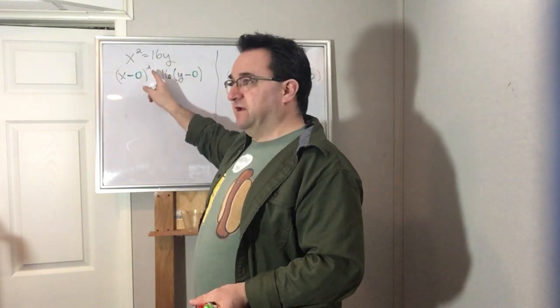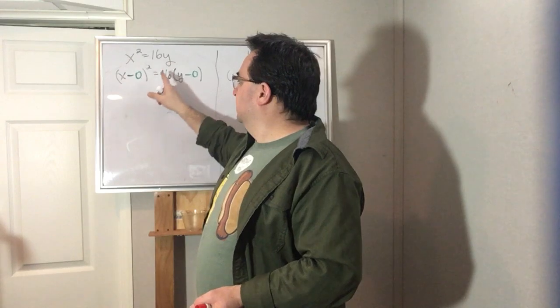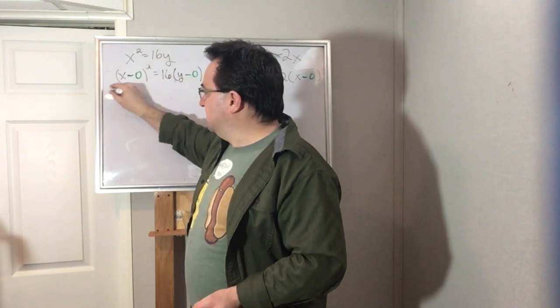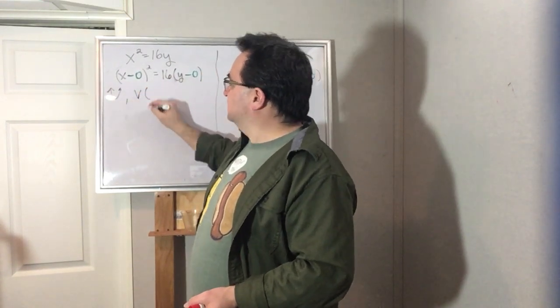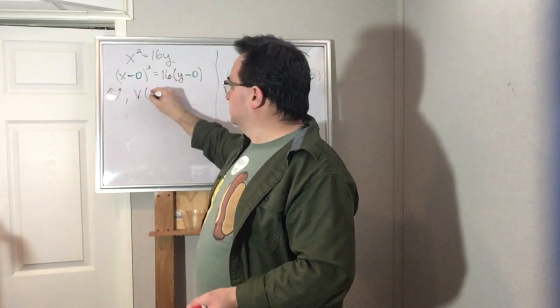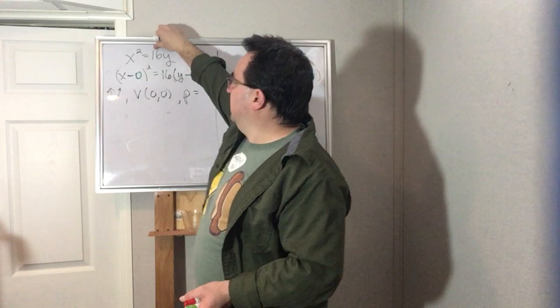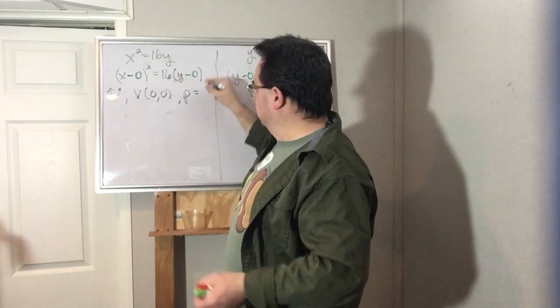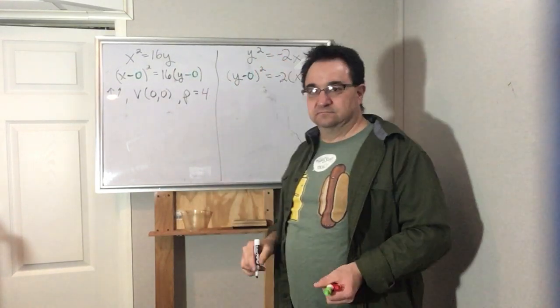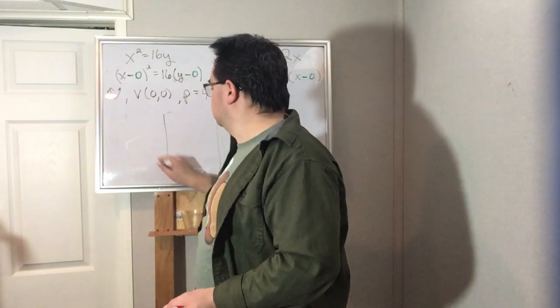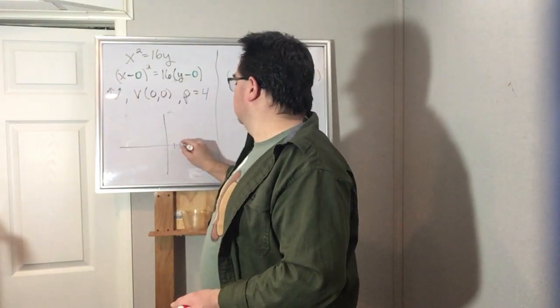Now, let's see what we see. X squared stuff that's vertically oriented, that's positive, so it opens up. The vertex is at 0, 0. And the p-value, 4 times what would give you 16? P-value's got to be 4. 1, 2, 3, 4, 5.